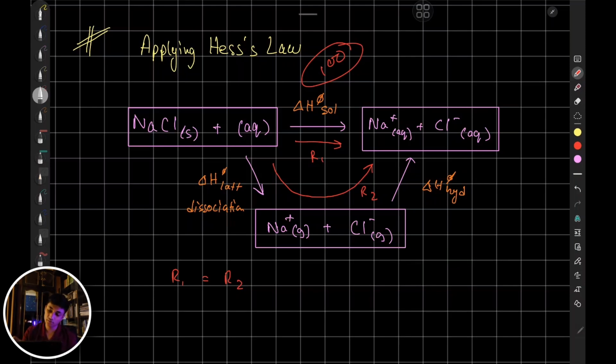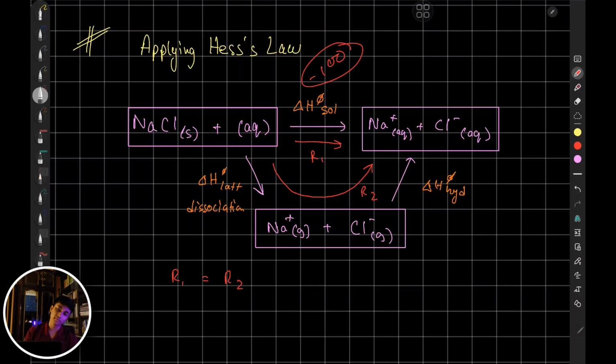Great. So what is the indirect route? It can be broken down into how many steps? 2 steps. You take the ionic solid and dissociate it. You break the lattice structure and form ionic gas. So del H lattice, but dissociation, not formation. So you are forming gaseous ions. Great.